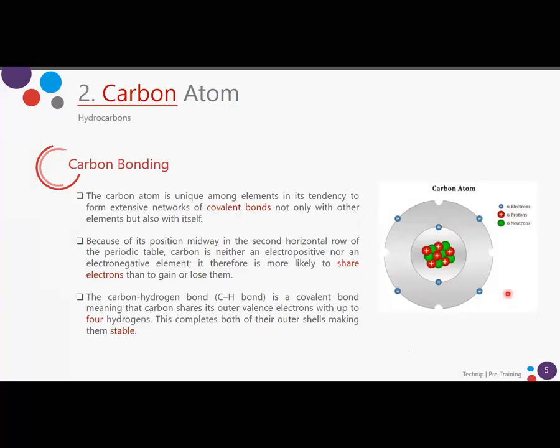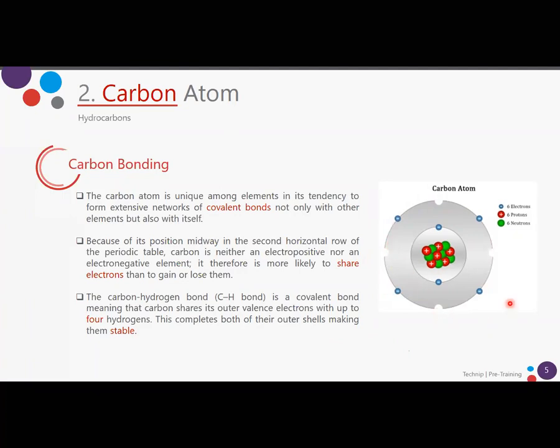So as you know, the octet rule is the chemical rule of the tendency to form 8 electrons in the outer shell. So we have 4 here in the outer shell, but you have 4 empty spaces here.